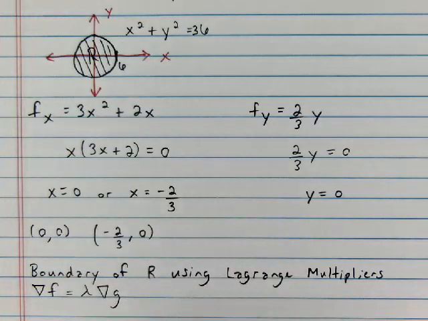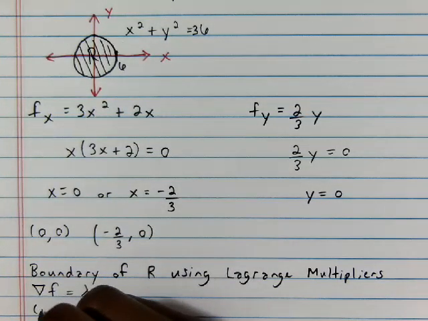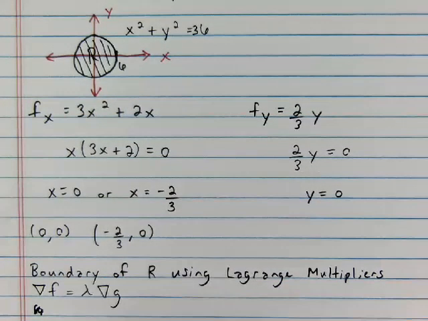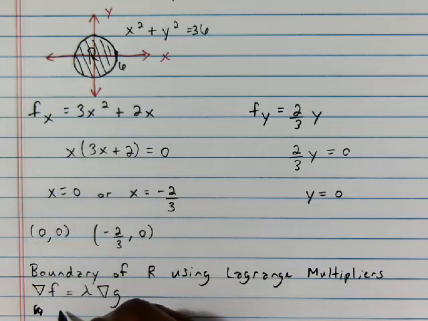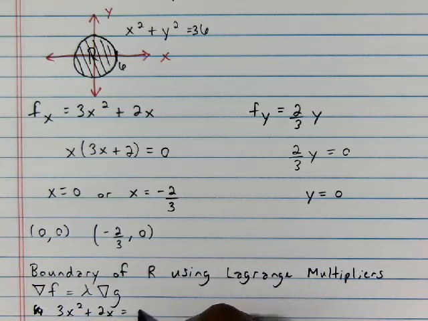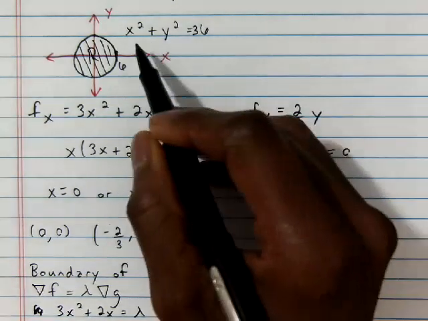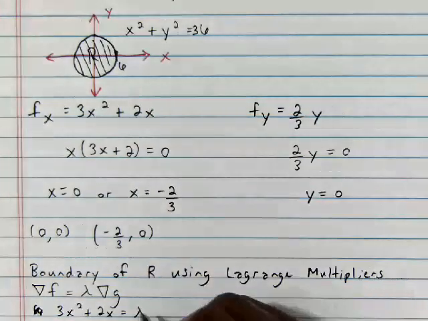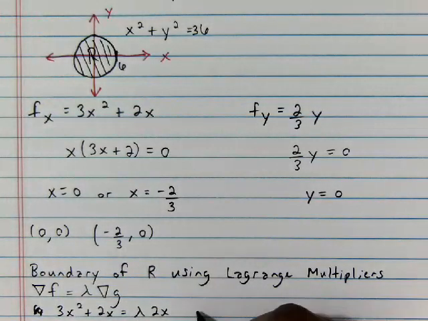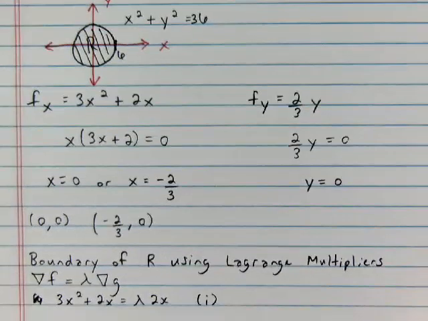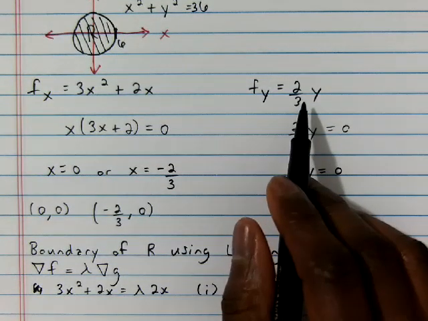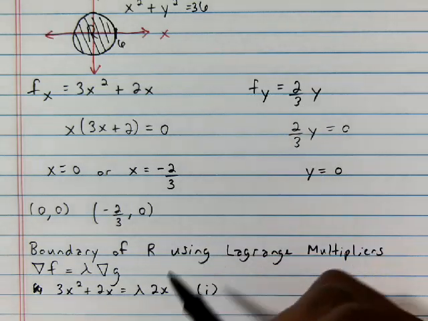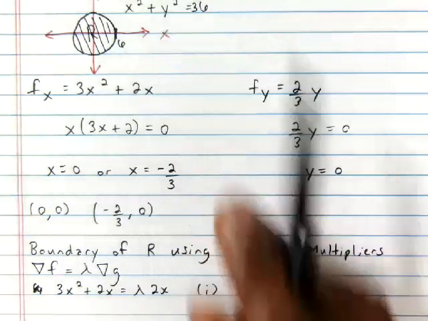So our three equations, the first one: f sub x is 3x squared plus 2x equals lambda times g sub x, which is just 2x. That's our first equation.